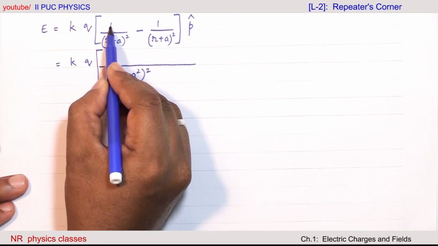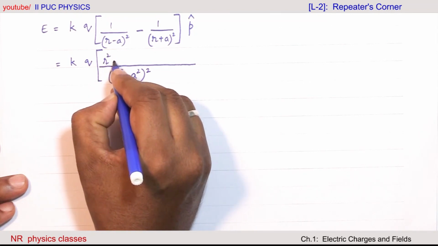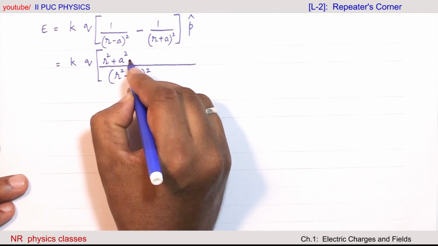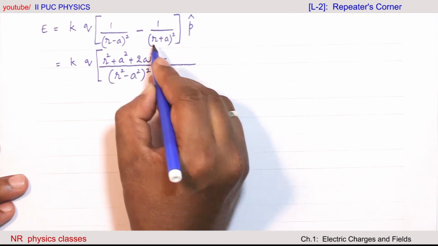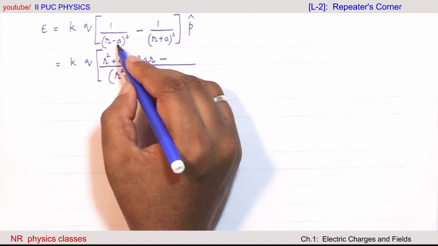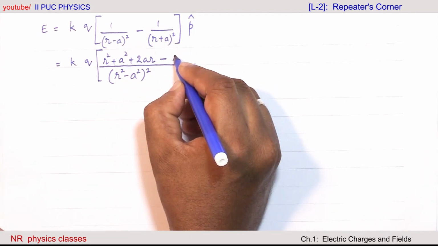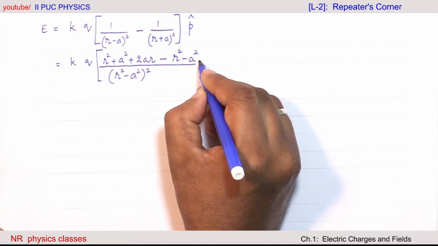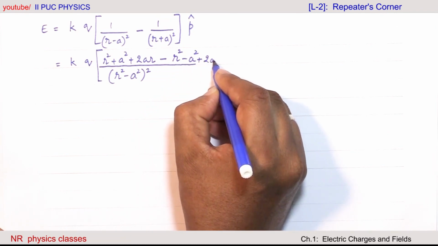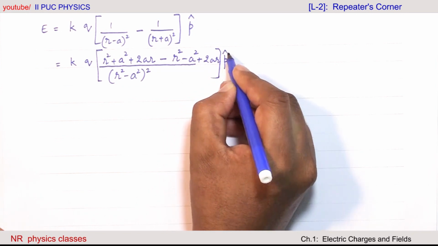This goes here: A plus B whole square form, R square plus A square plus 2AR, minus. This comes here, take care of the sign: R square minus A square plus 2AR, into P cap.